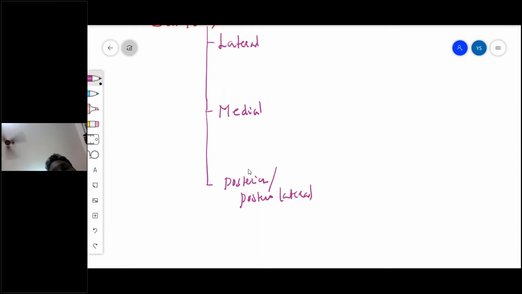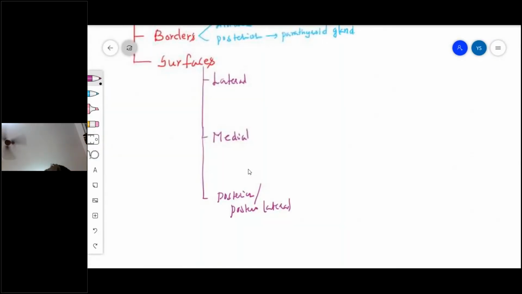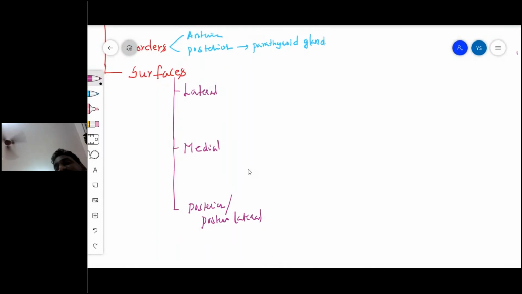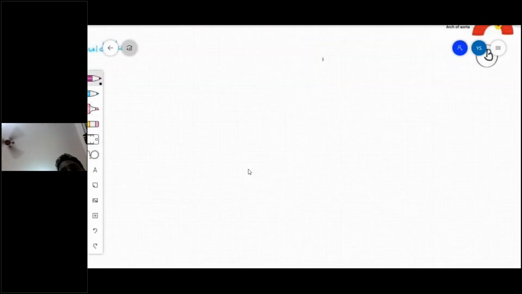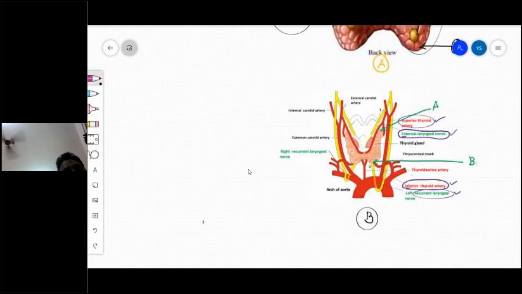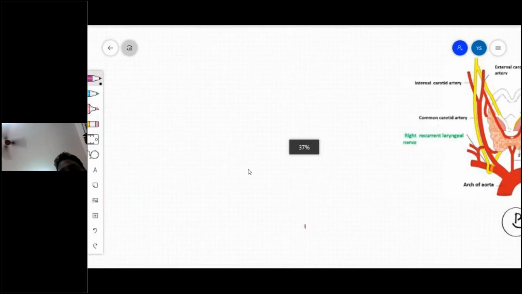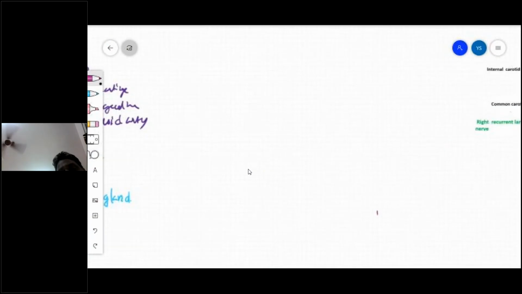So these are the 3 surfaces we can see at one lobe of the thyroid gland: lateral, medial, and posterolateral. First, you see the picture. Based on the picture, we try to learn all the surface relations. Okay. So I'll show you the picture for this.